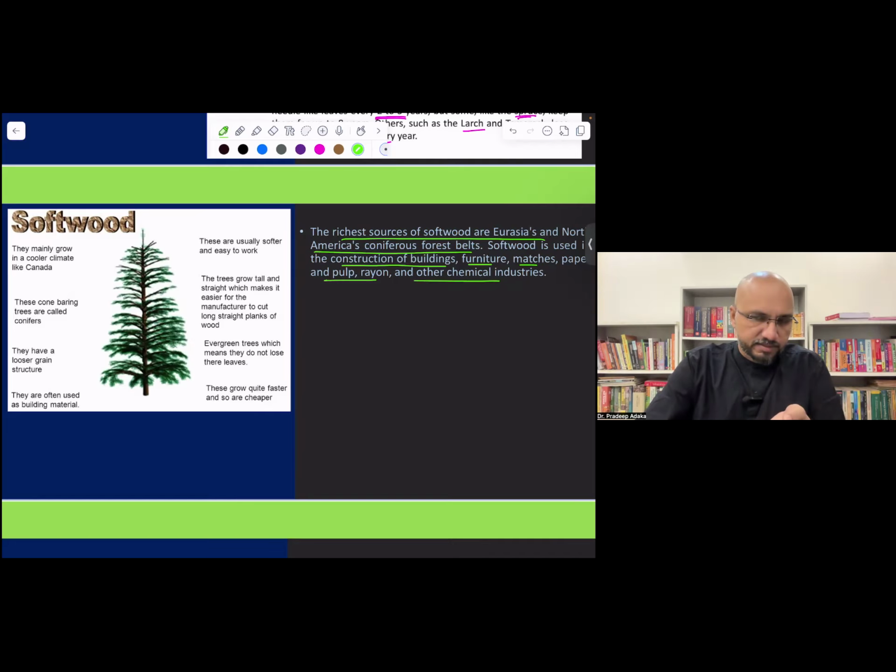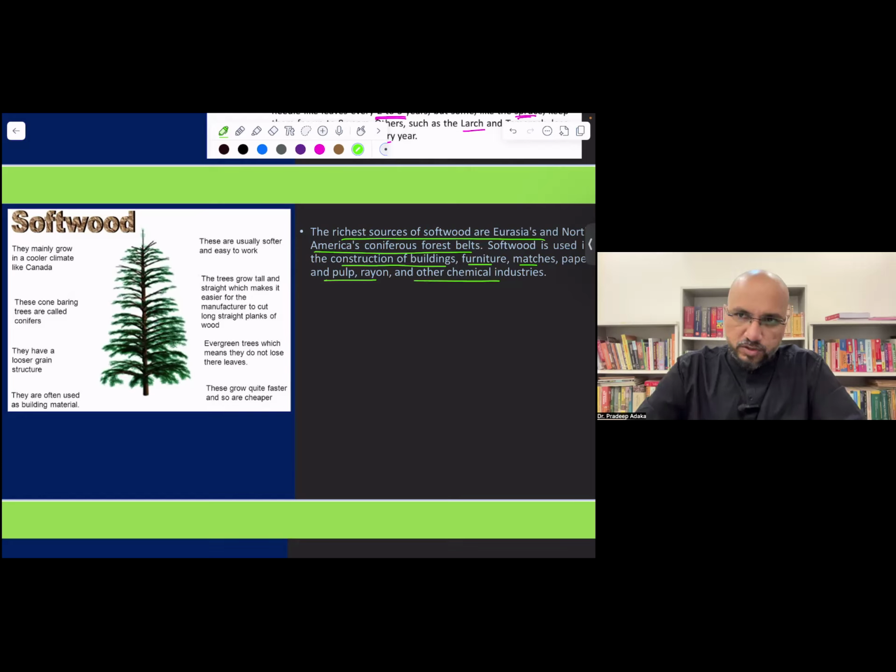It is soft compared to hardwood, less dense, not that dark in appearance, and light in color. Right, so these are some differences.